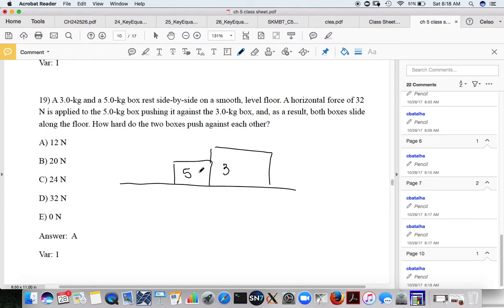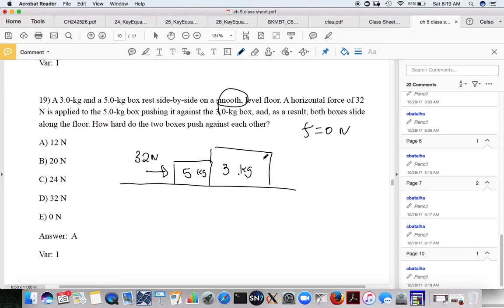Let's say this is a metal, this is a wooden box. 3 kilograms, 5 kilograms, side by side, and smooth. Smooth means we don't have friction. A horizontal force of 32 newtons is applied to the 5 kilograms block, pushing against the 3 kilograms block, and as a result, both blocks slide along the floor.